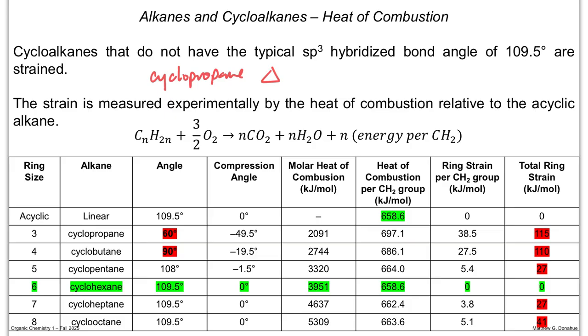So why is this number here in red? So your normal sp3, like H, carbon, H, that's 109. In a ring, the carbon-carbon angle, you're taking that natural thing and you're doing that. So you're compressing that to a smaller angle.